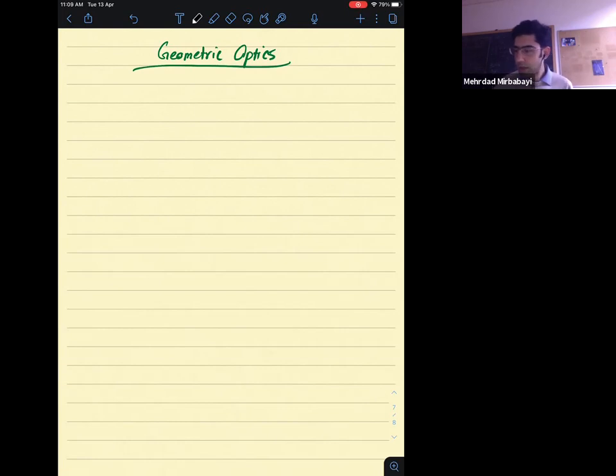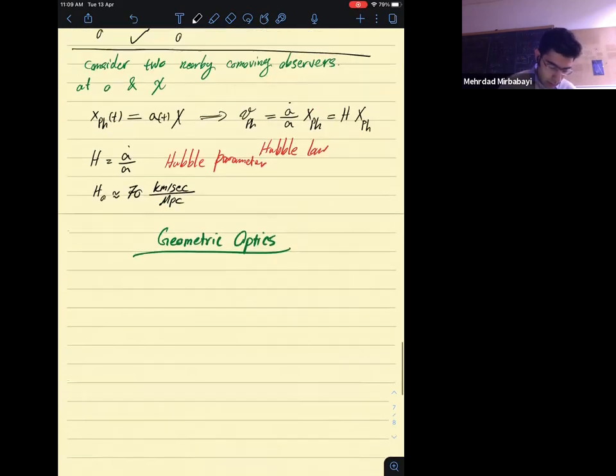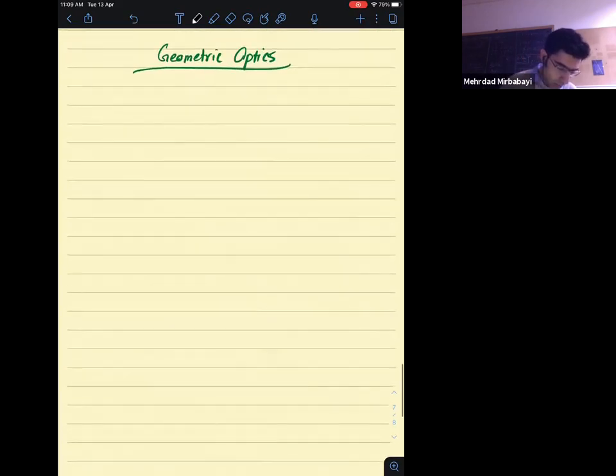Okay, so the first thing is that let me remind you that we introduced the conformal time to make it easier to think about the propagation of light or null geodesics.